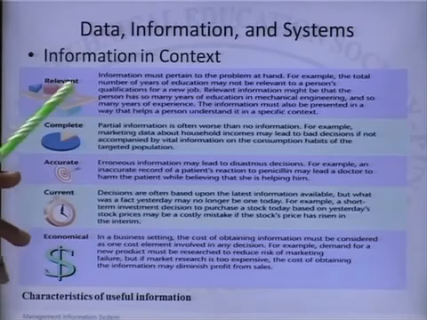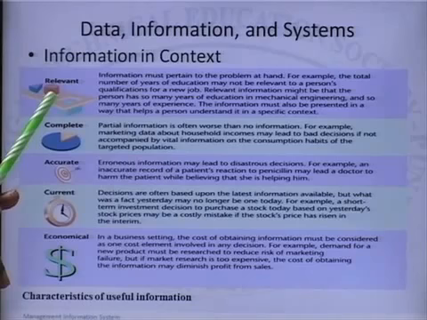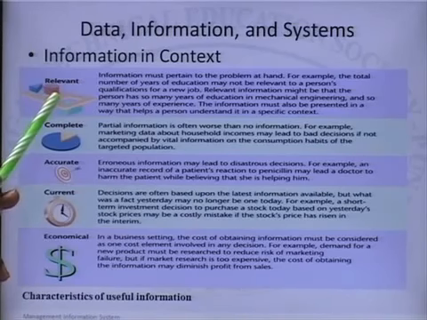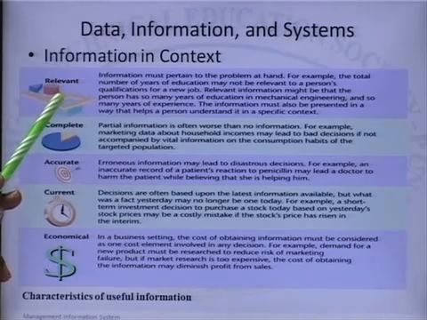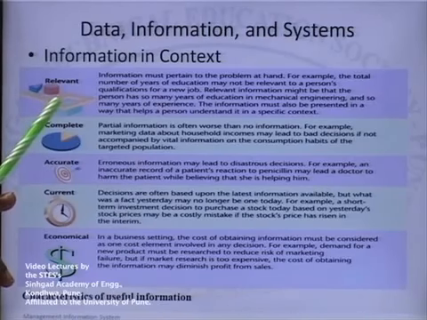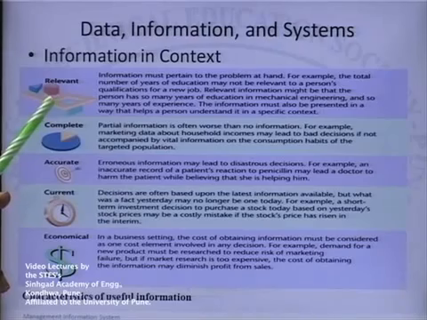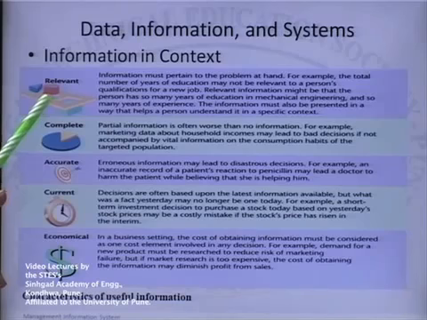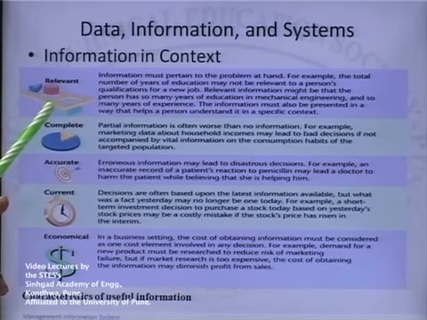So it should be relevant, meaning the data input to your system should be relevant to that particular organization system. Suppose you have a college organization, then it is not required to get information about other political material. So that is relevant information which is required for a particular topic, a particular concept.